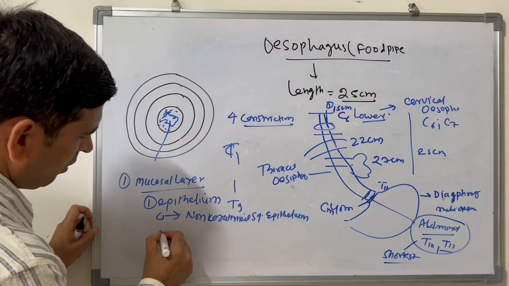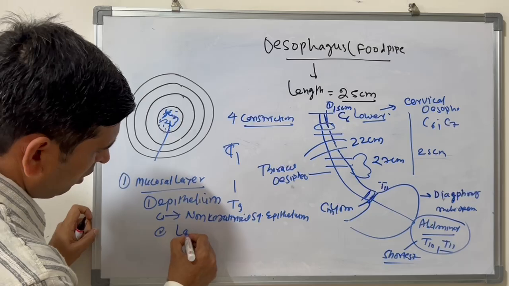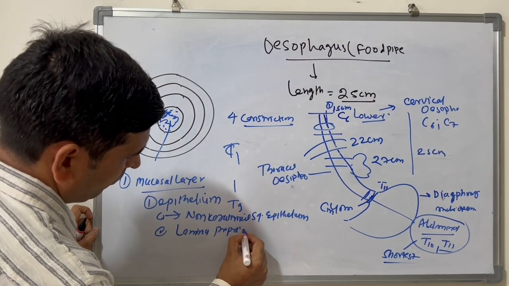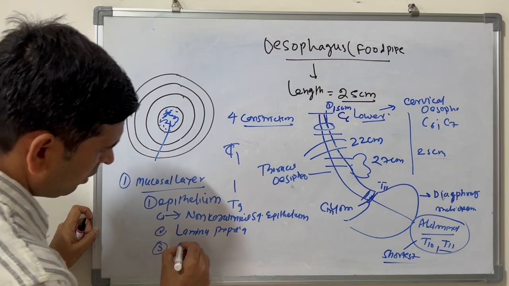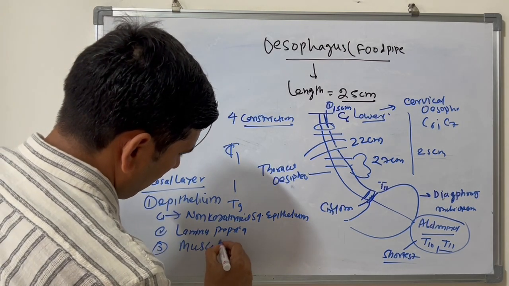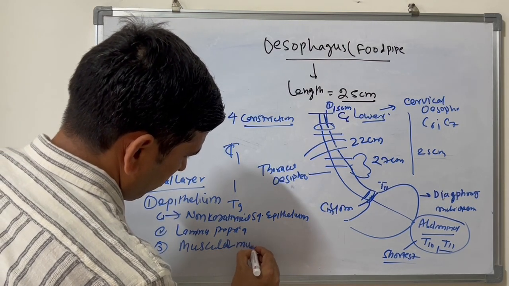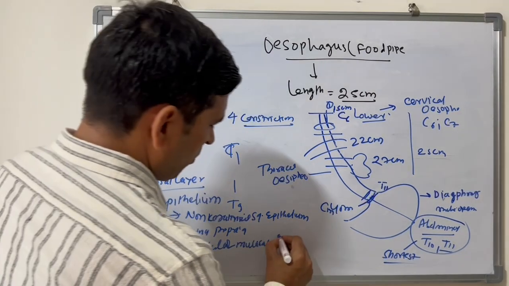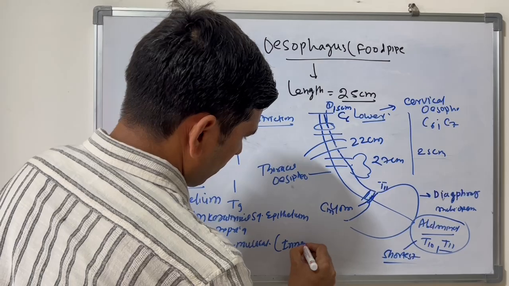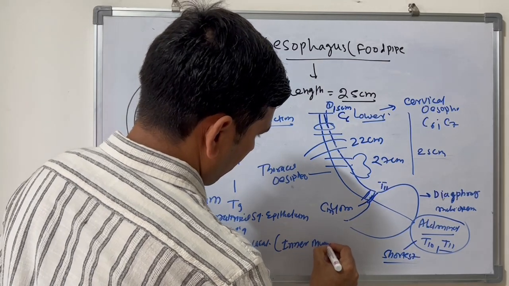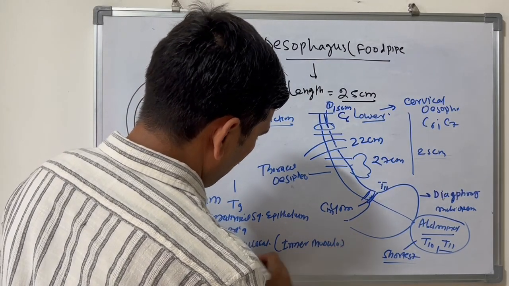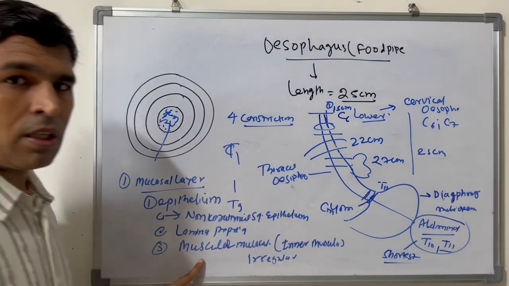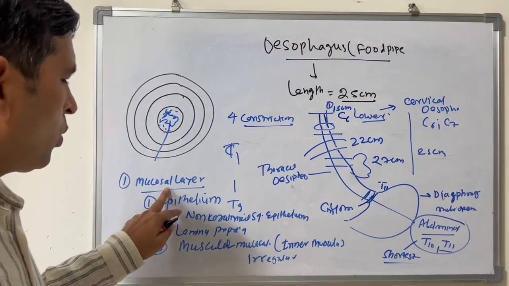The second layer is the thin connective tissue, the lamina propria. And the third layer is the muscularis mucosae, the inner muscular layer, which is irregular longitudinal smooth muscle in the mucosa.